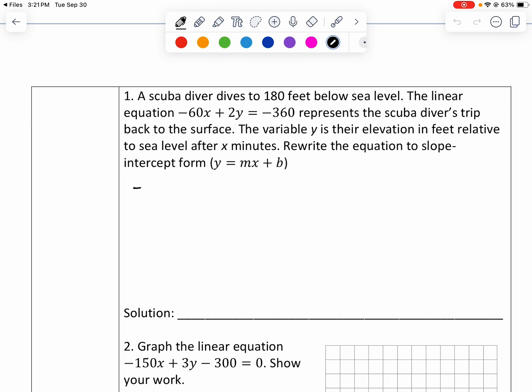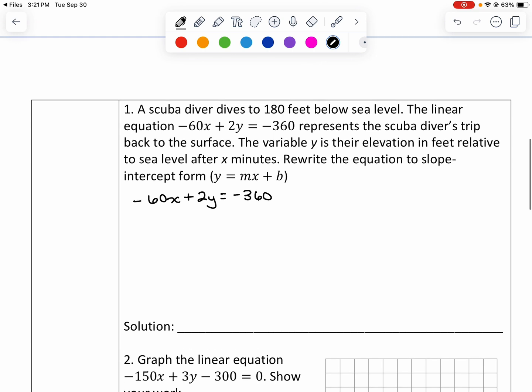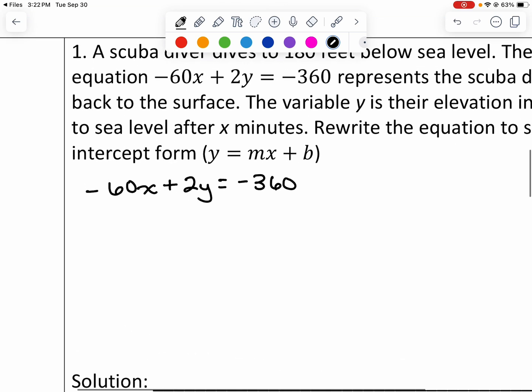Okay, so we have this negative 60x plus 2y equals negative 360. So we're going to use some skills that we used in 7th grade to help us get to slope-intercept form. So we have our slope-intercept form right here, and we notice that y is isolated.